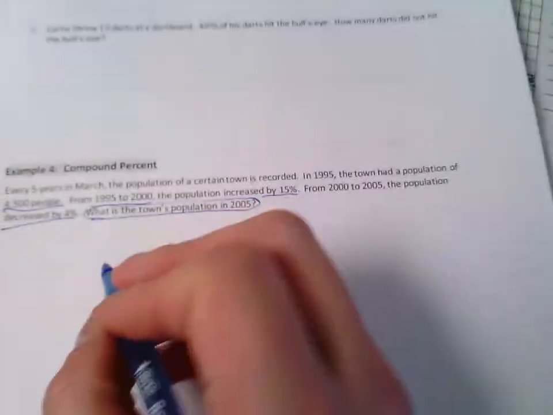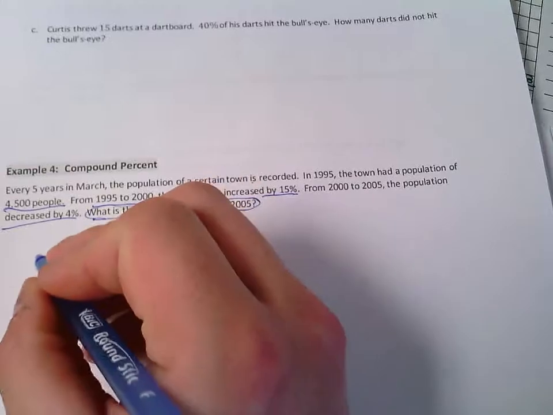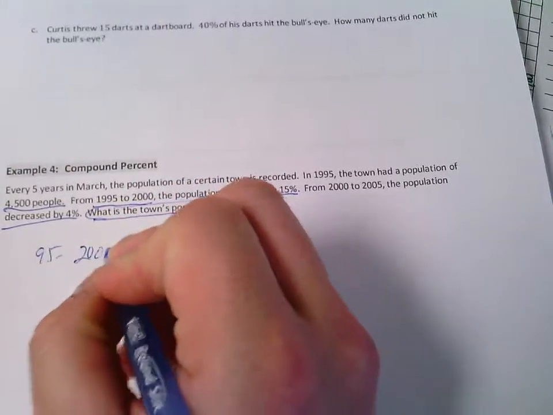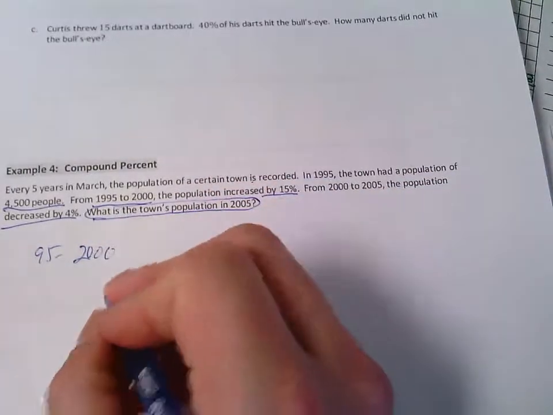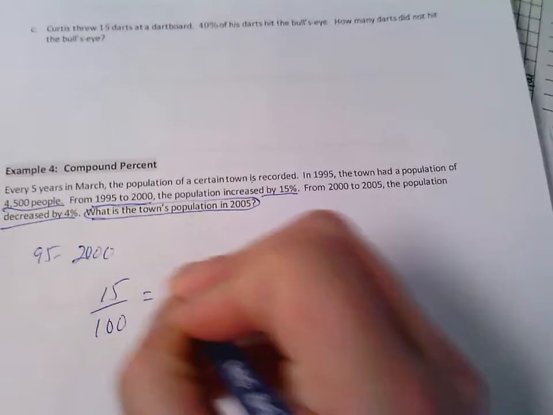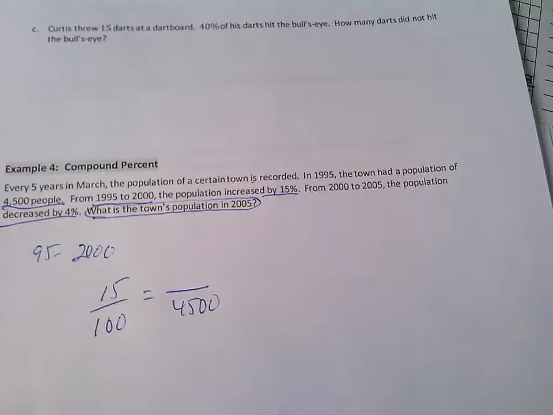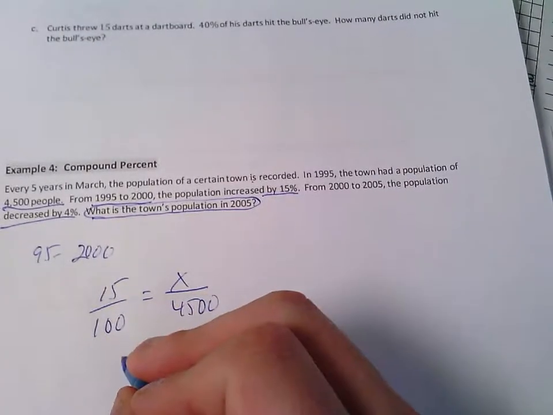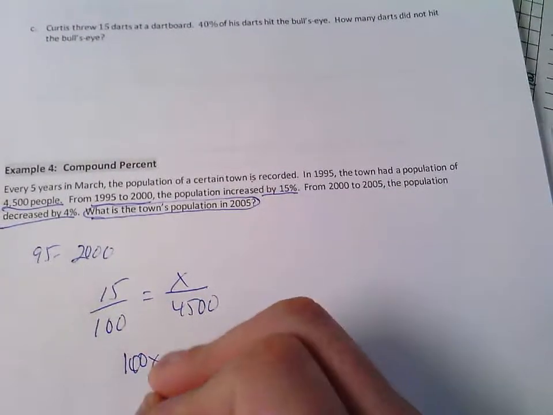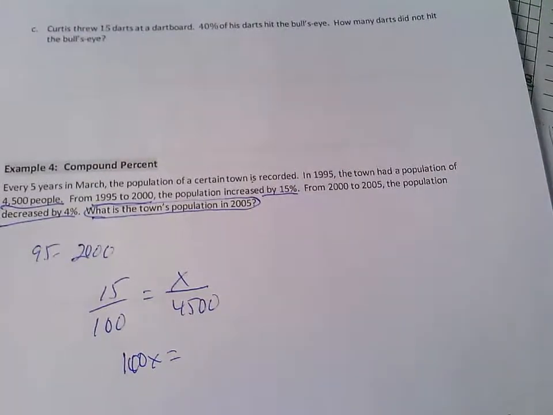So the first thing we have to look at is from 1995 to 2000, an increase of 15%. So one thing is just find 15% of the whole amount, 4,500. X goes here. You get 100x equals 15 times 4,500 on the calculator.